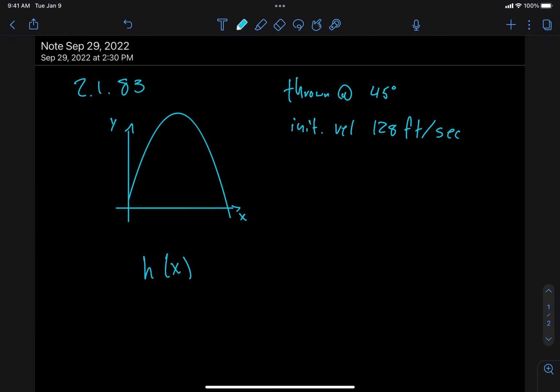So we have h of x is equal to negative 32x squared divided by 128 squared plus x plus 4. Part A asks: approximately how many feet did the ball travel horizontally?